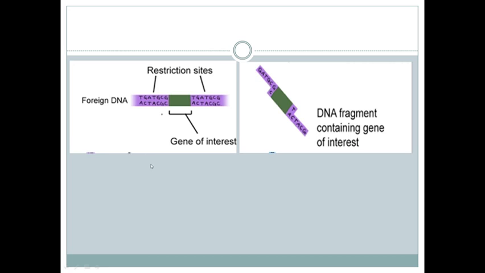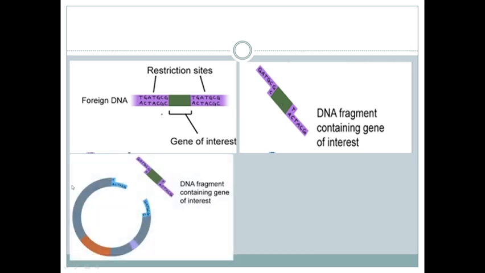Next, we fuse or combine this DNA fragment containing the gene of interest and the cut open plasmid, like this. Here is the cut open plasmid, and this is our DNA fragment. These are ligated, fused by another enzyme called DNA ligase.